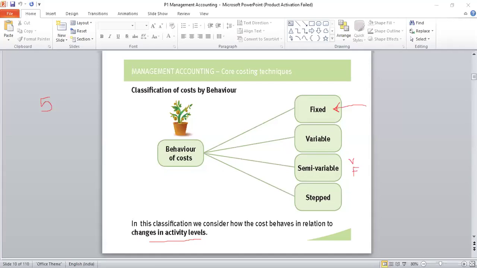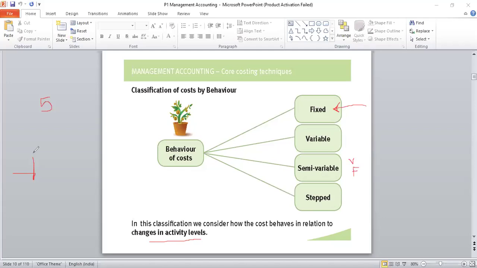Because that portion of the fixed cost does not change, we see a cost which varies, but it doesn't vary proportionally. So that is a semi-variable cost. Then we see stepped cost. It would remain the same until it reaches a capacity level, that is 100% capacity level. It doesn't change.